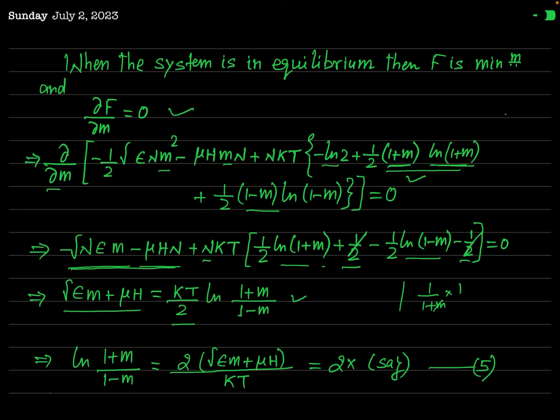So from here you can easily write log of 1 plus m by 1 minus m is 2 times gamma epsilon m plus mu H divided by kT. Now let us consider gamma epsilon m plus mu H divided by kT equal to x. So this can be written as 2x. We have supposed that x is equal to gamma epsilon m plus mu H divided by kT.